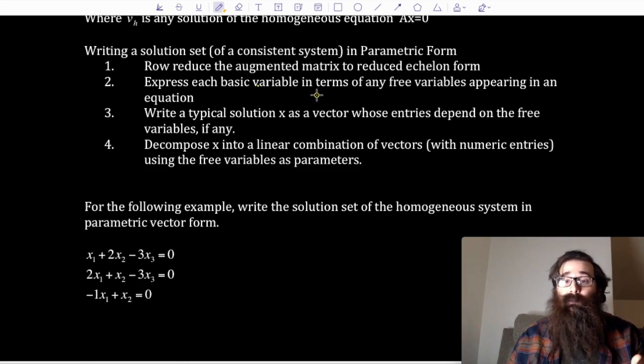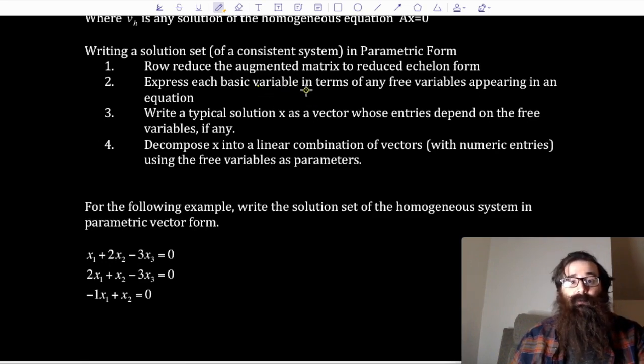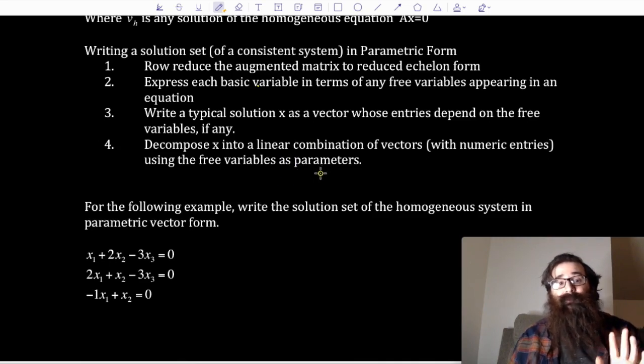So if we got a pivot column there, it's a basic variable. If it's not a pivot column, it's a free variable. Then I want to write a typical solution x as a vector whose entries depend on the free variables, if there are any. And then I want to decompose that vector x into a linear combination of vectors with numeric entries using the free variables as parameters. And it's not as bad as it sounds.